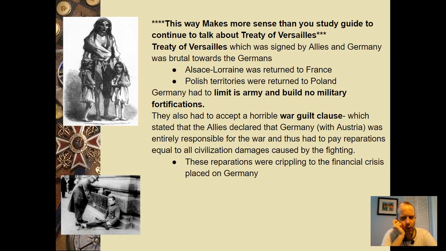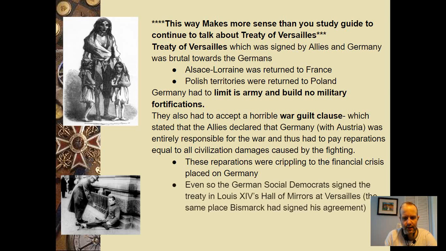They accept the horrible war guilt clause. They declared that they were completely responsible for everything, and crippling debt. Even so, German socialists signed the treaty in Louis the 16th's Hall of Mirrors at Versailles, the same place where Bismarck had signed his agreement.